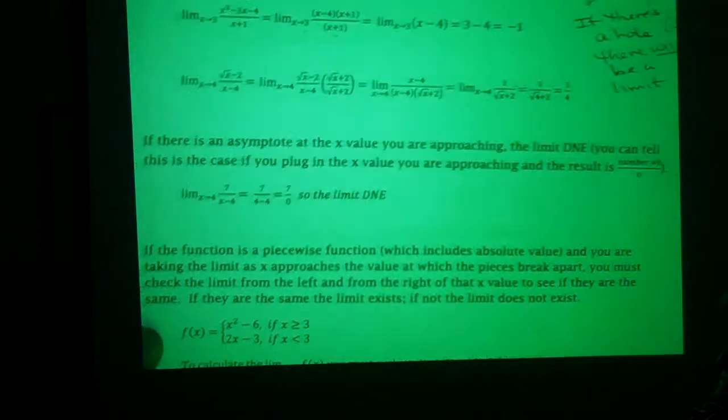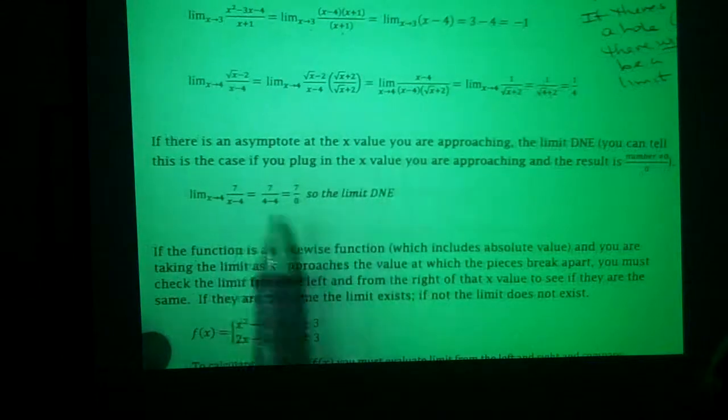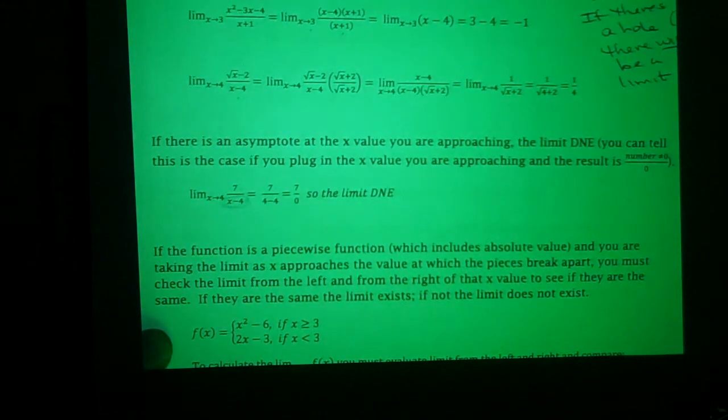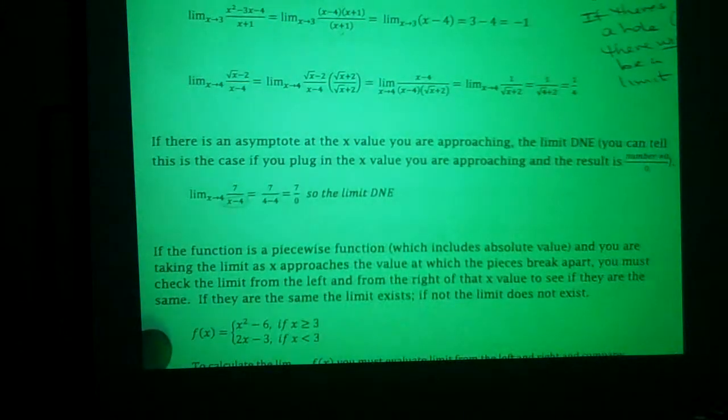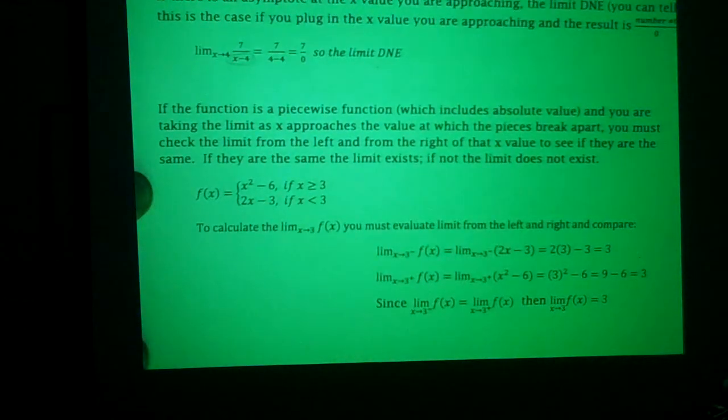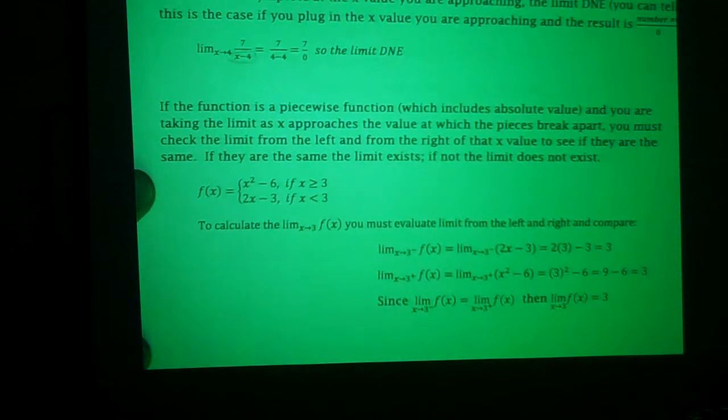If there's an asymptote, so there's a factor in the bottom that will not divide out with the top, that's when the limit doesn't exist. I go through how to deal with a piecewise function, which could be written as a piecewise function, or it could be written as an absolute value.